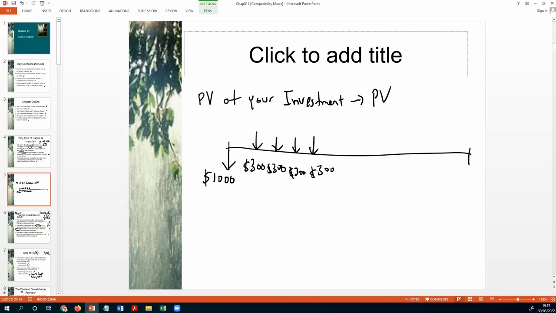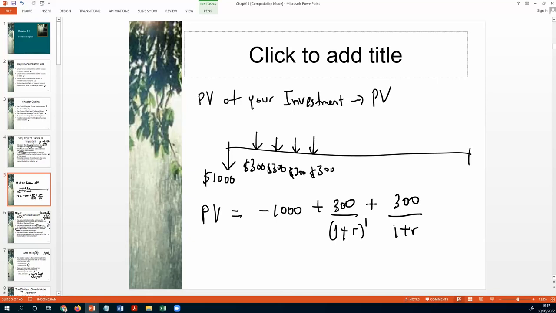The present value of your investment equals minus $1,000 plus 300 divided by (1 plus R) to the power of 1, plus 300 divided by (1 plus R) to the power of 2, plus 300 divided by (1 plus R) to the power of 3, plus 300 divided by (1 plus R) to the power of 4.